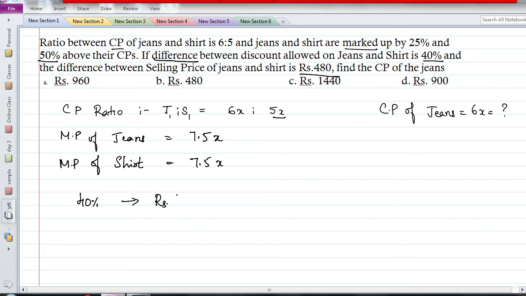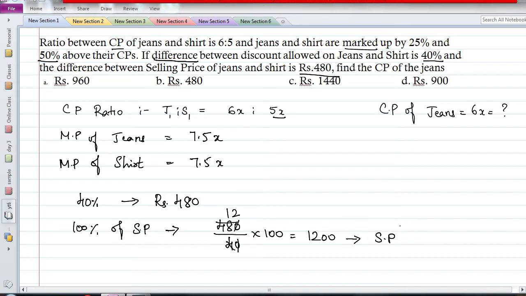So what is 100% of selling price? 480 is 40%. Divide this by 40 into 100 gives you 100%. Okay. So this we cancel. You get 1200. This is the selling price. Selling price of which item? We have seen that selling price of both the items are going to be same, right? 1200 is the selling price. So 100% of selling price is 1200.